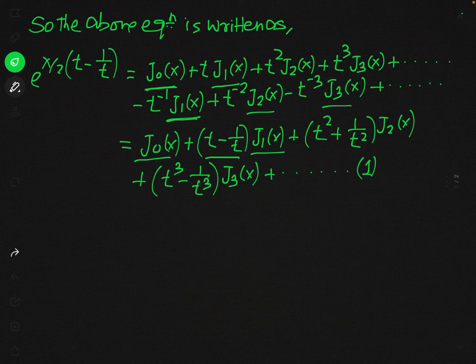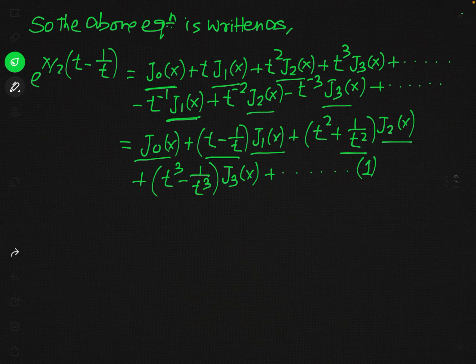Similarly, you can see there are two terms in this series containing J2 of x. Again we take J2 of x as a common factor, and the remaining term will be t square plus t raised to the power minus 2, and t raised to the power minus 2 can be written as 1 over t square.